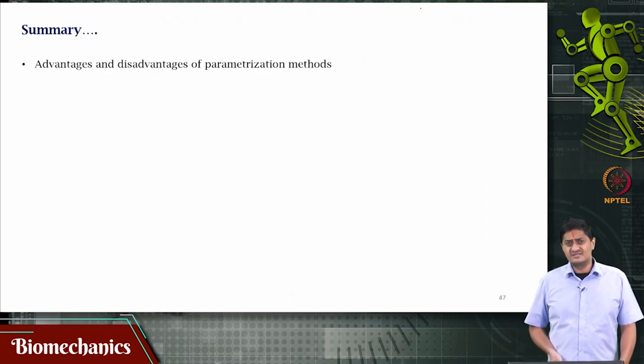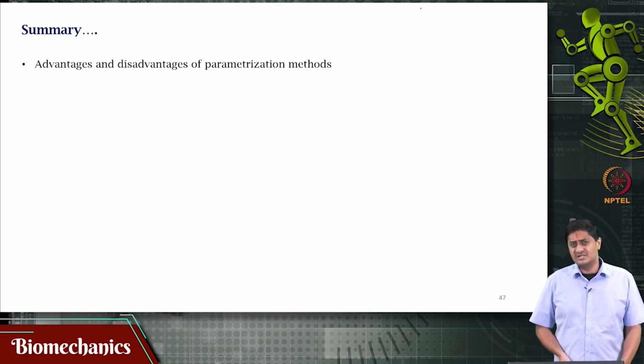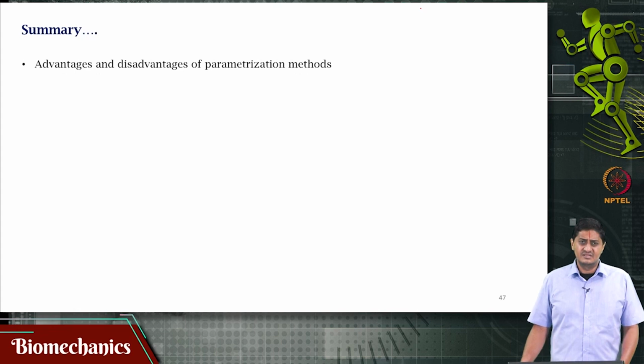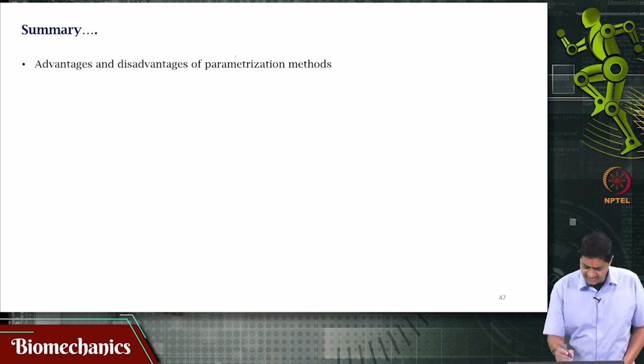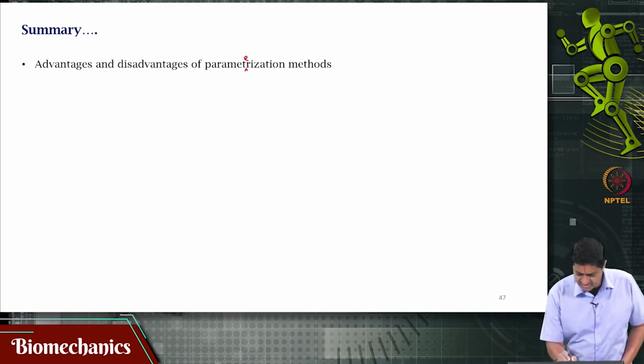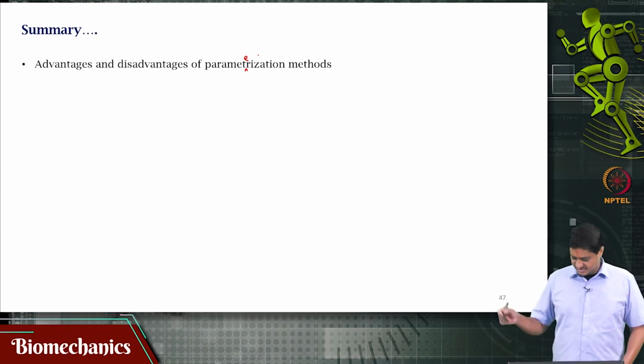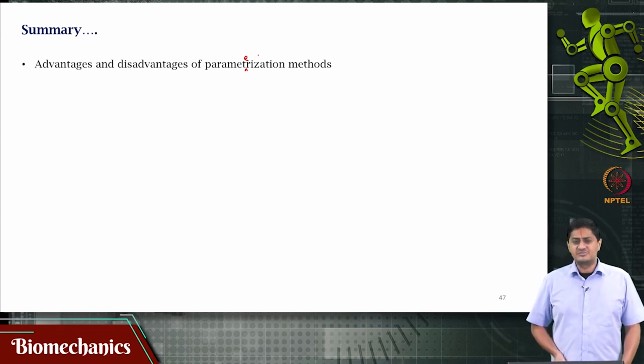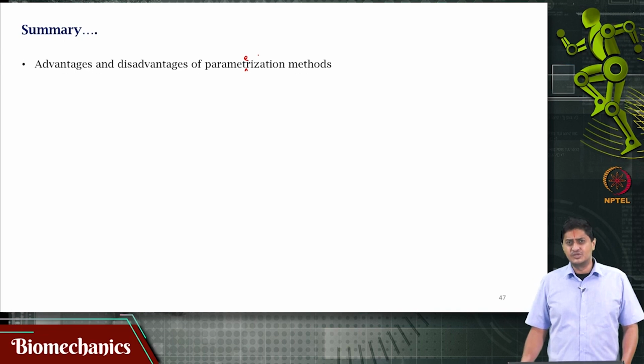So, with this we come to the end of this video. In this video, we looked at the advantages and disadvantages of the various parameterization methods. We looked at the story of the gimbal lock that happened in the Apollo spacecraft.